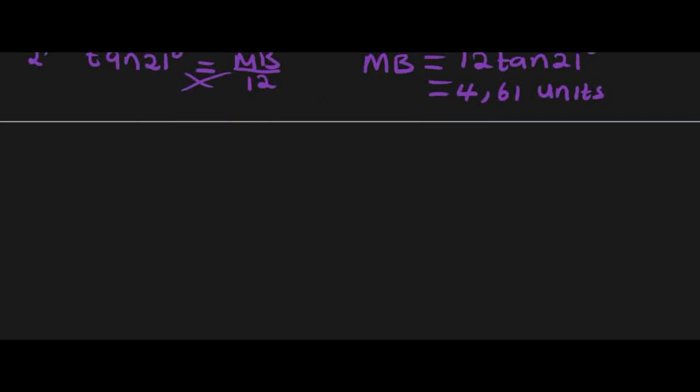So here, to calculate the length of AB, that is number 3, we know that MB is equal to AM. They are both equal to 4,61 units. Right.